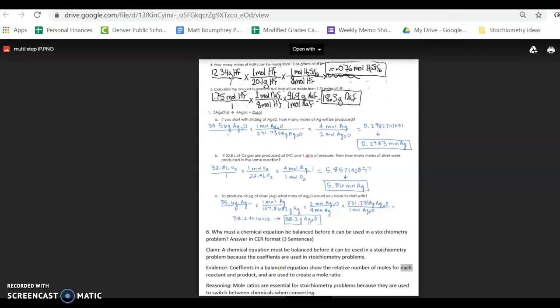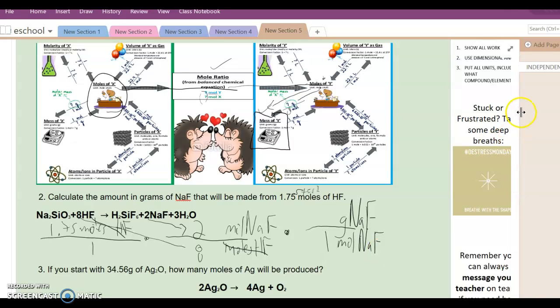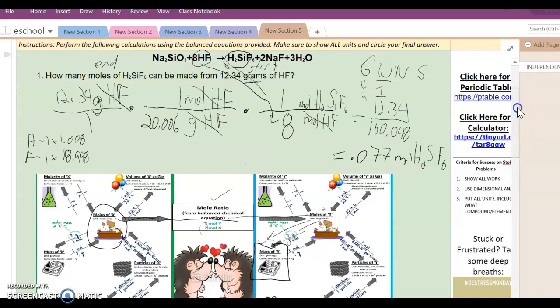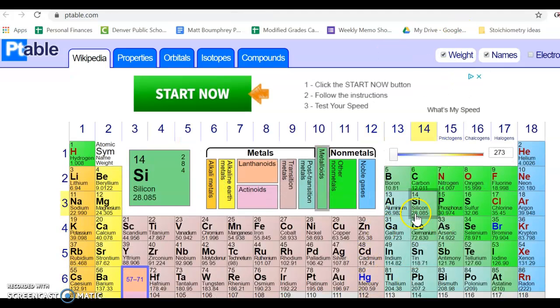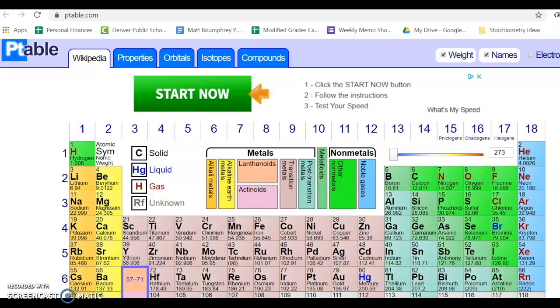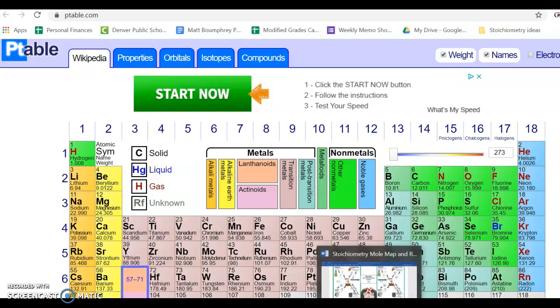Scroll. Here we go. Alright, so we have Na 22.99 and F 18.998. I'm going to do my best to remember those.